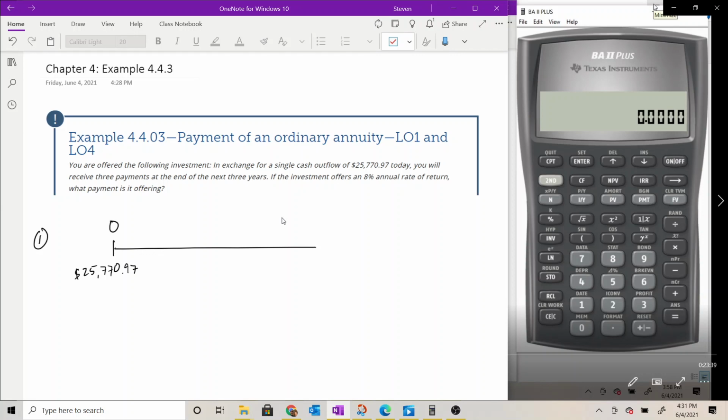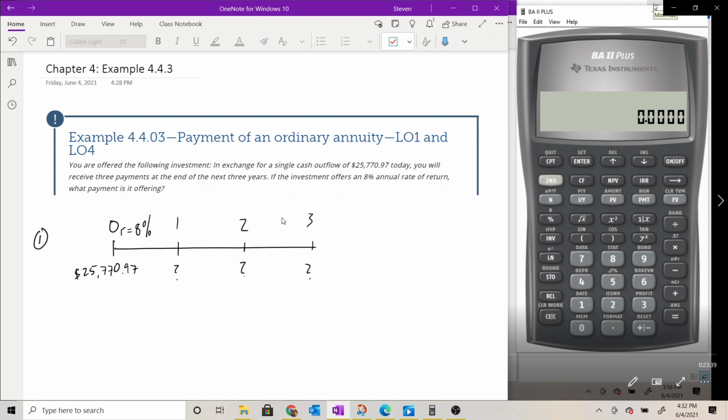And then once we purchase the investment, we're going to receive some cash flow at the end of the next 3 years. See if we can even that up a little bit. All right, and we expect to earn 8% on this investment. All right, so that's all the information we have in the problem.